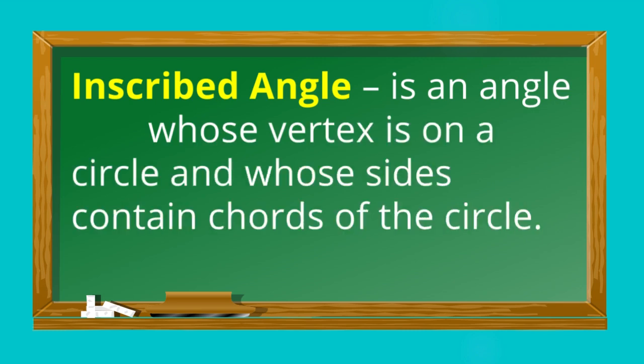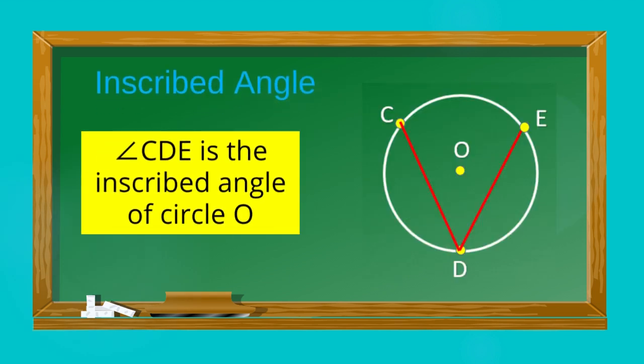After this, we have the inscribed angle. An inscribed angle is an angle whose vertex is on a circle and whose sides contain chords of the circle. Again, inscribed angle: an angle whose vertex is on a circle and whose sides contain chords of the circle.